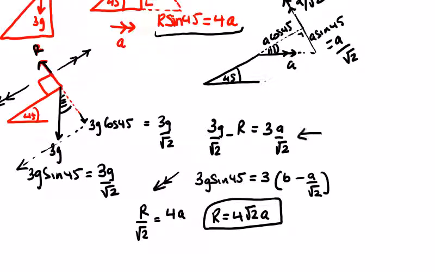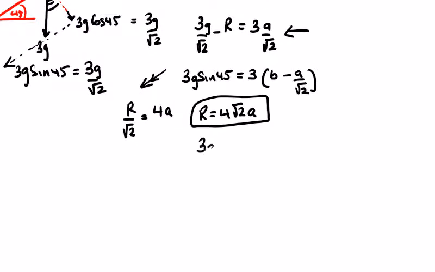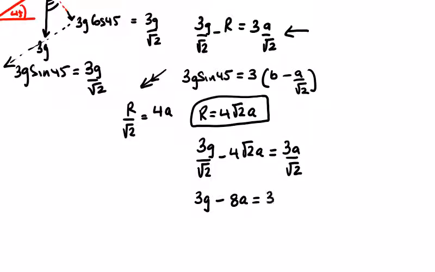So this in here, we're going to get 3g over root 2 minus 4 root 2 times a is equal to 3a over root 2. So multiplying by root 2, we're going to get 3g minus 4 times 2 is 8, 8a is equal to 3a. So 11a is equal to 3g.